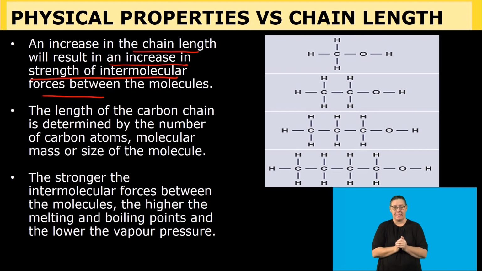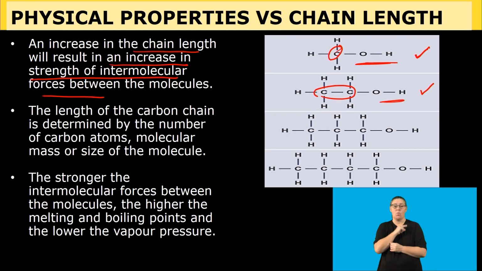Now we are talking about the same type of intermolecular force, but it's increasing in strength within the same homologous series. That means now, if we have this alcohol that has 1 carbon, comparing that to this alcohol that has 2 carbons. It's an alcohol because of the functional group OH on both of them.